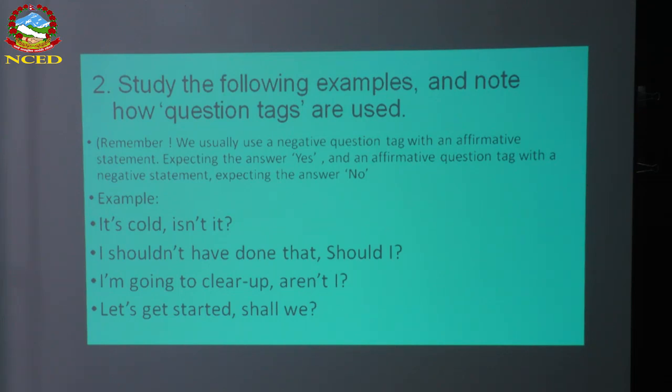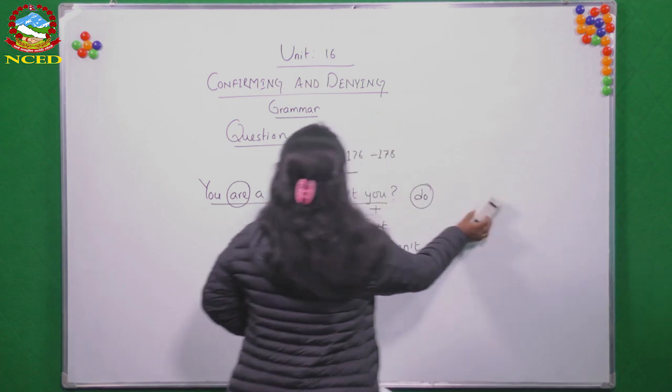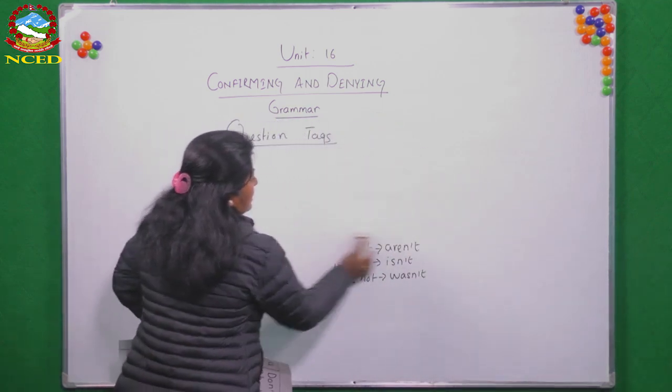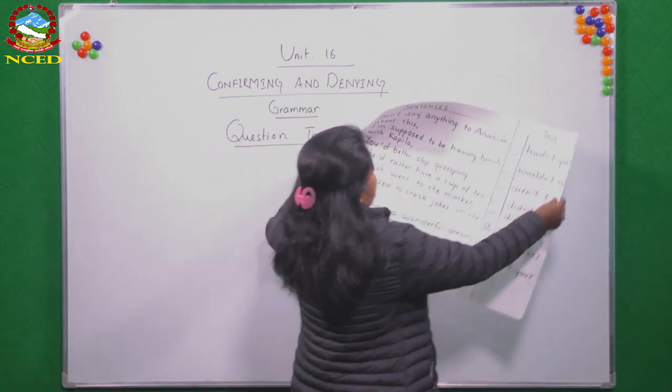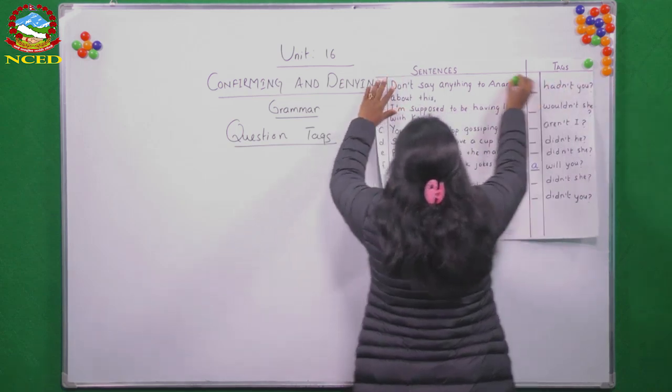Now, you can turn over page number 178. There is a matching exercise. Okay, so we are going to do the matching exercise here on the board, that is about tag question. Let's do it. You can try it yourself first and then check your answer after that.